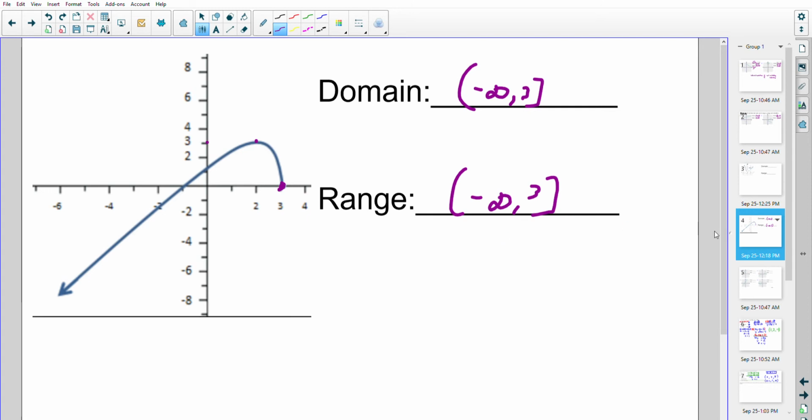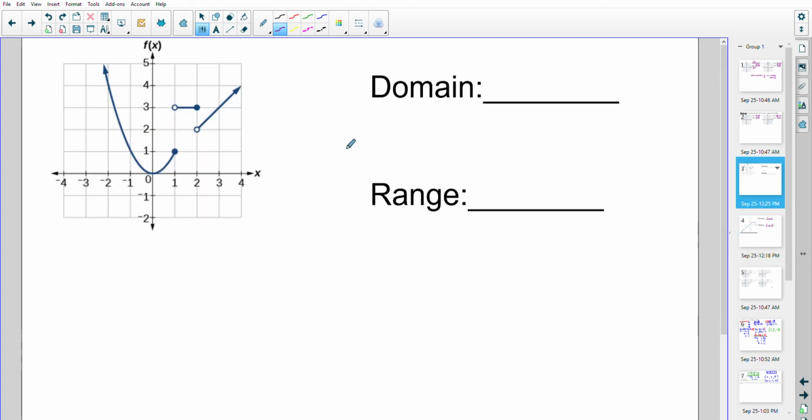And lastly, on this problem, this is a piecewise function, so there's a lot going on here. Looking at the x's, if you extend this, all of the x's on the left are going to be included to 1, but the x's still are included at 1 to 2, and they're still included from 2 to infinity. So the domain actually is going to be -infinity to +infinity.